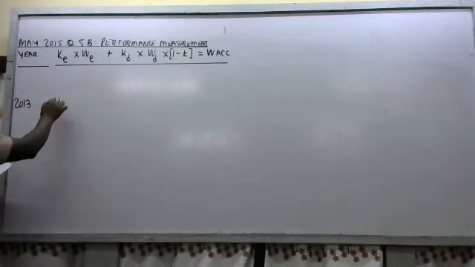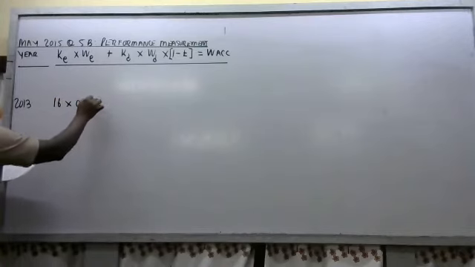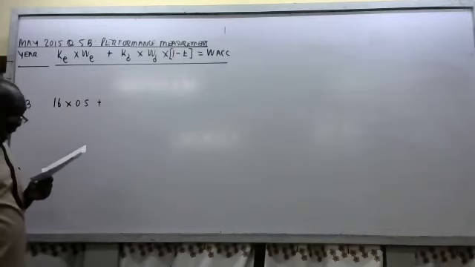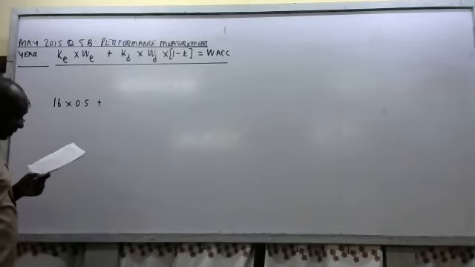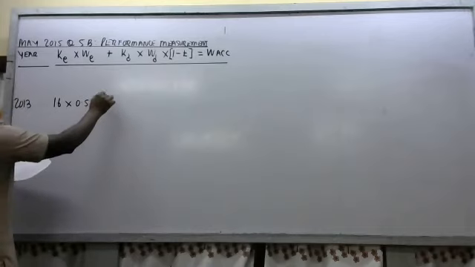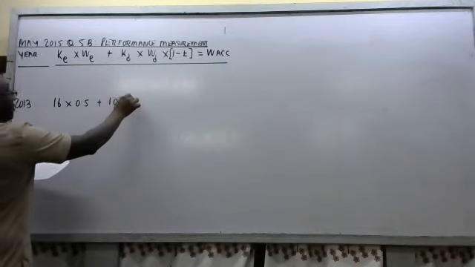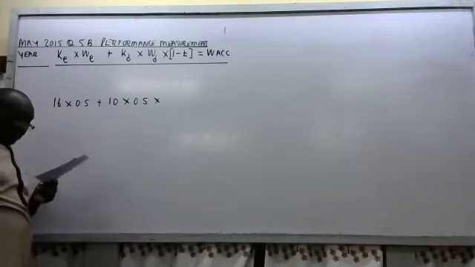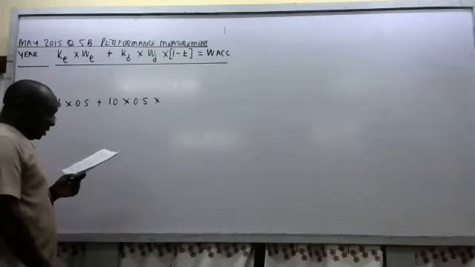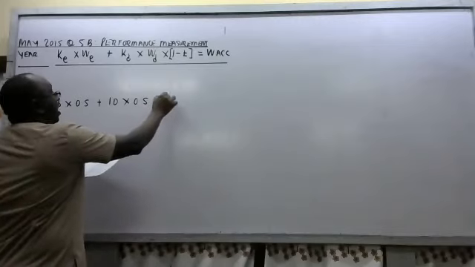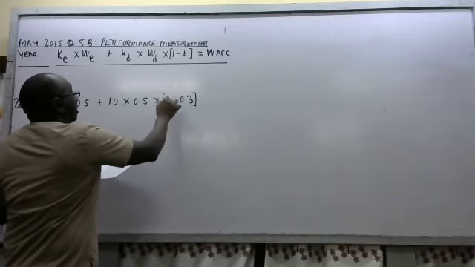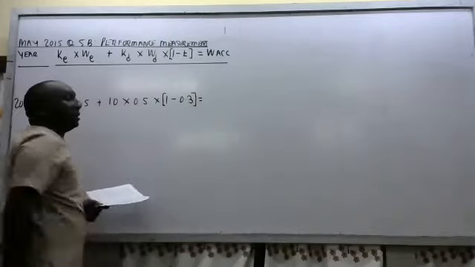So it will be 16 times 0.5 plus the cost of debt. According to information 5, the cost of debt is 10 times 0.5 times, according to information 8, tax is 30%. So give me that answer.